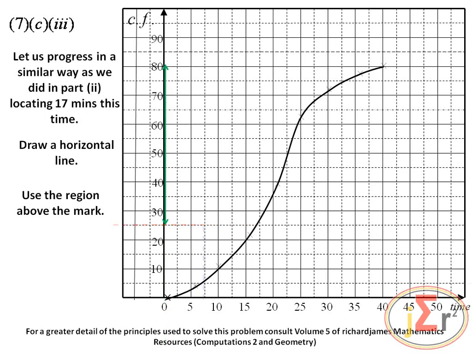So we will have what? 25 from 80 is equal to 55, and of course the probability is found by dividing the number of those concerned by the total number. So that is going to be 55 over 80, and if we simplify that a bit, we get 11 over 16.